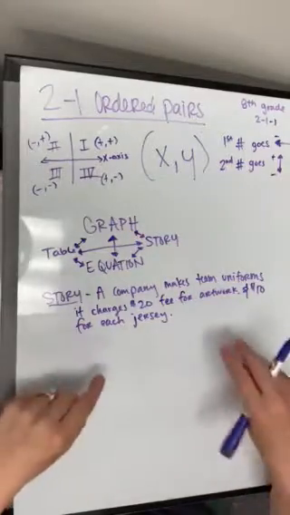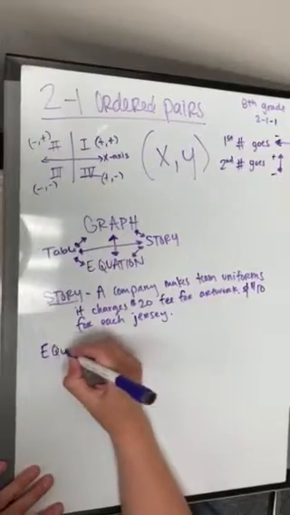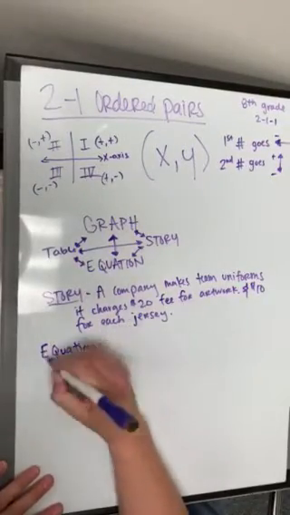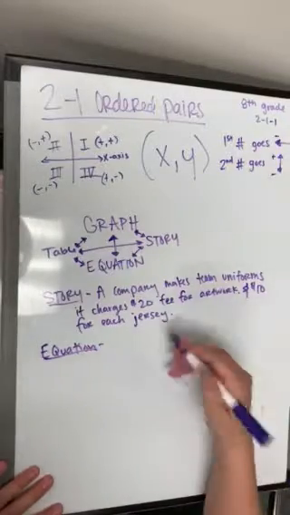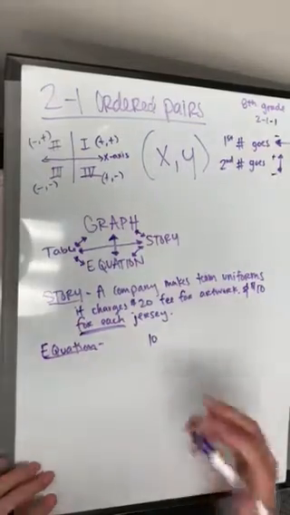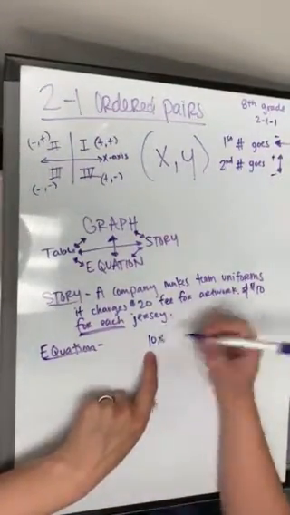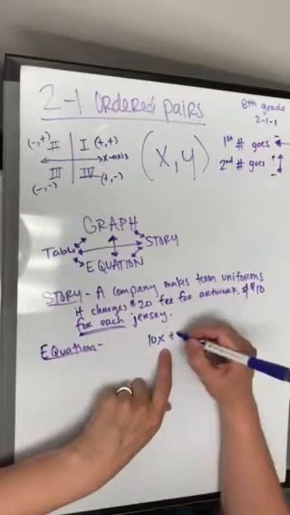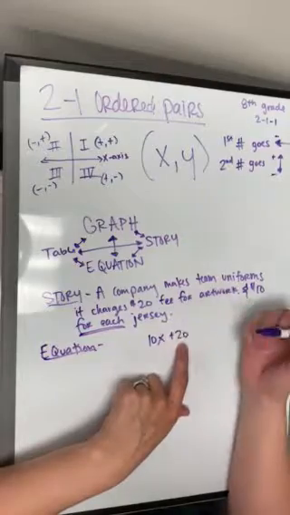It's nice because we've been able to take something like this and already know how to put it into an equation. So if we have something happening over and over and over again, that means that that goes with our variable. Well, the number of jerseys, also it says for each, that's going to happen over and over again. So 10x, and then we have that fee that's happening, that $20 fee for our artwork.